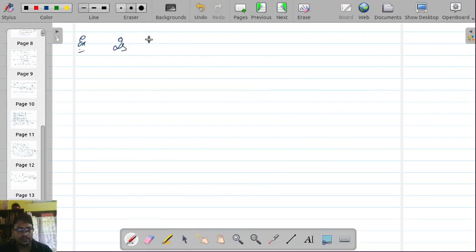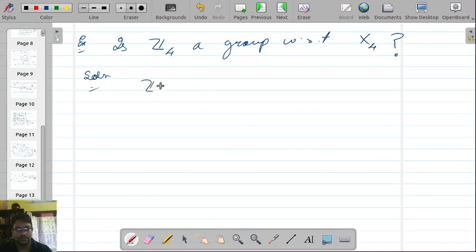Like that. So let us try this. Is Z4 a group with respect to multiplication modulo 4? So solution, let us check what is the problem. Z4 is 0, 1, 2, 3.